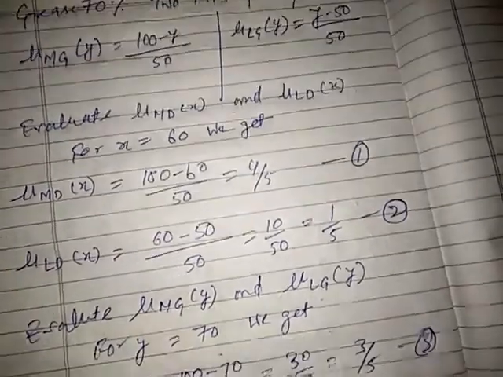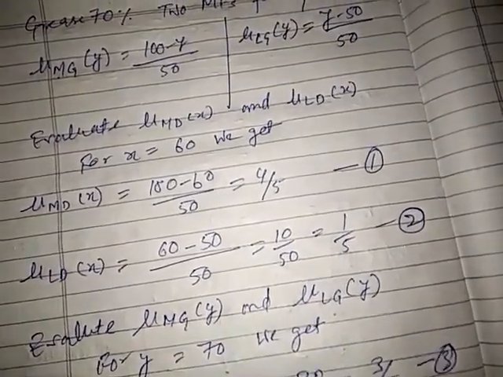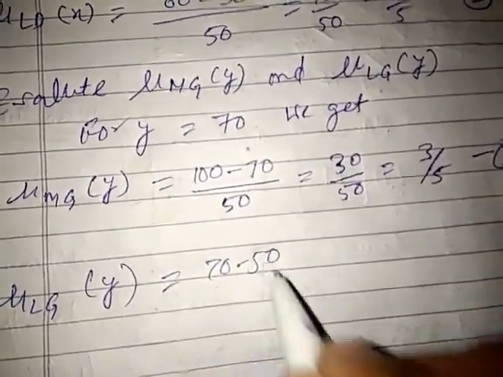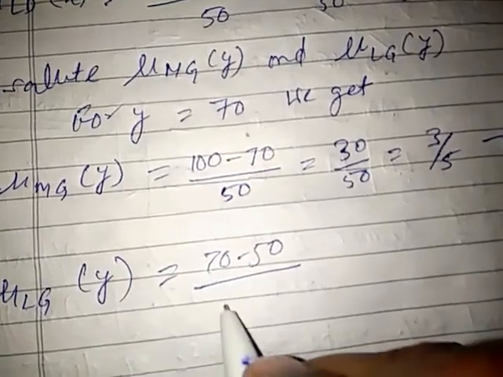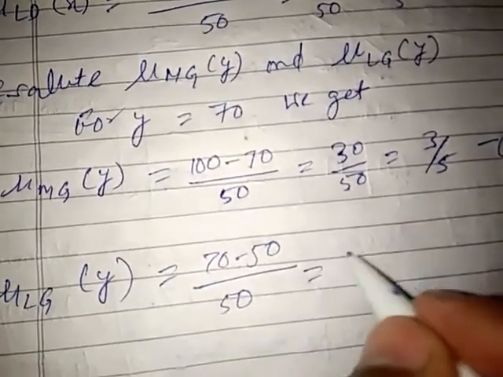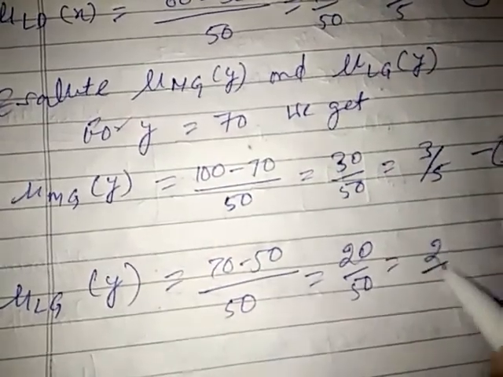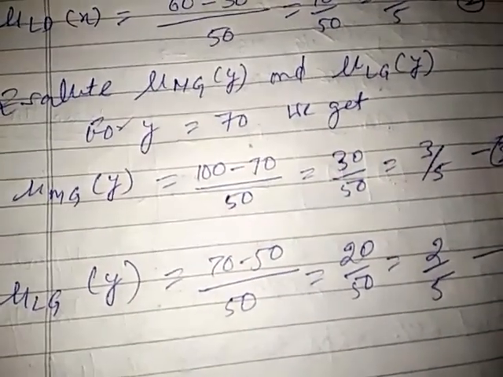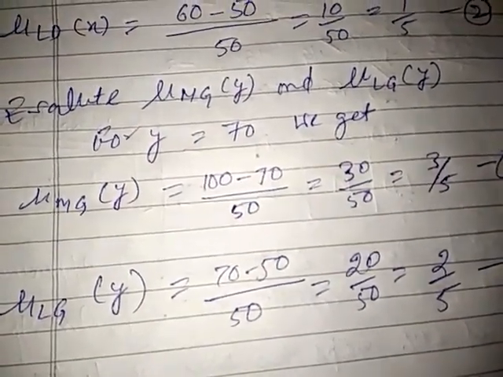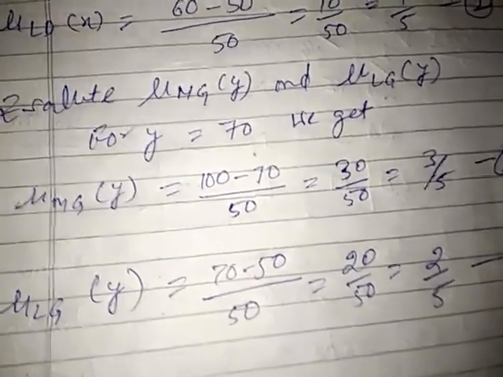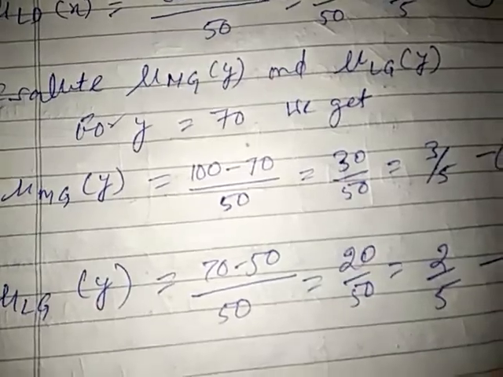That is equation number three. Mu large grease(y) is equal to (70 minus 50) divided by 50, that is equal to 20 by 50, that is equal to 2 by 5. That is equation number 4.